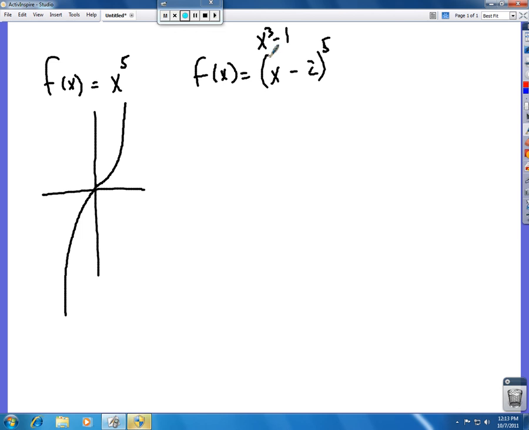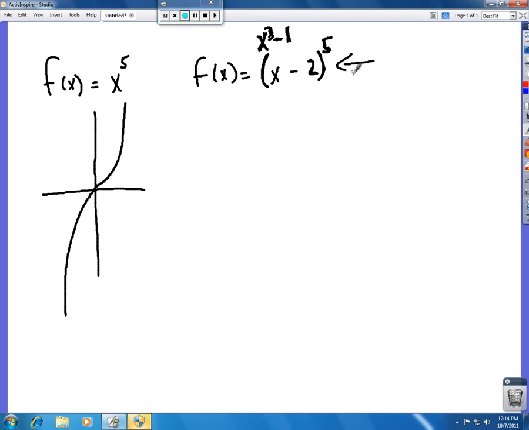Now we have parentheses, and everything inside the parentheses is being raised to the fifth power. And on the last page that I had up here, it was like x cubed minus 1. So the 1 wasn't being raised to the third power, and there weren't parentheses. So because it was like that, we moved up and down on the y-axis.